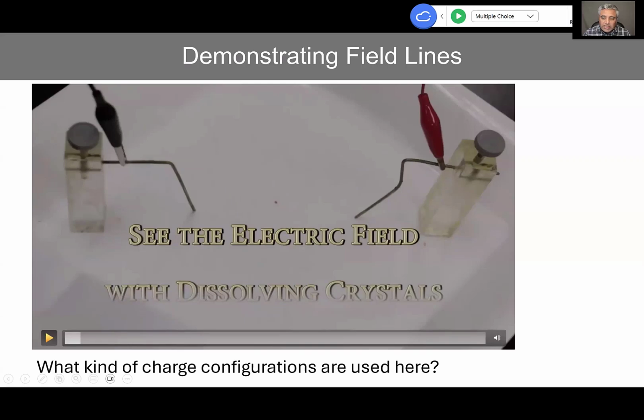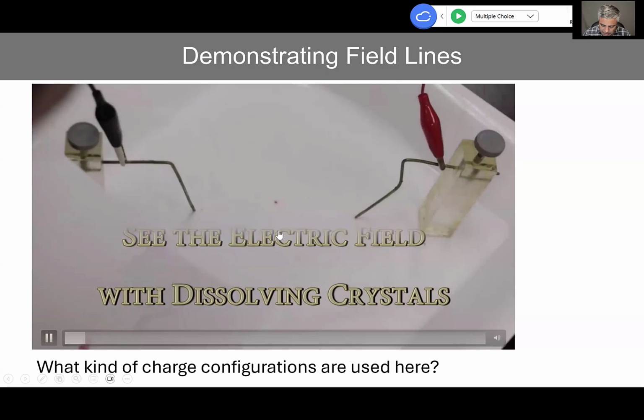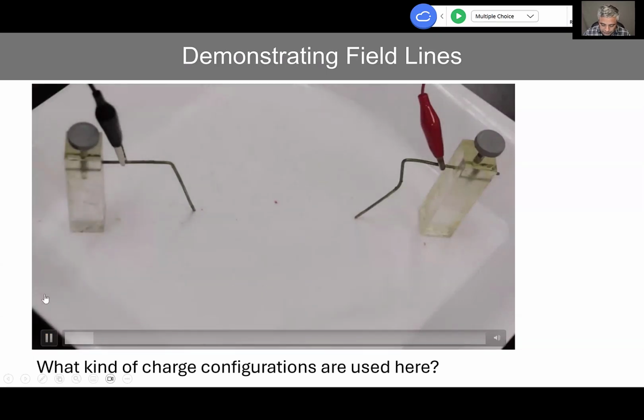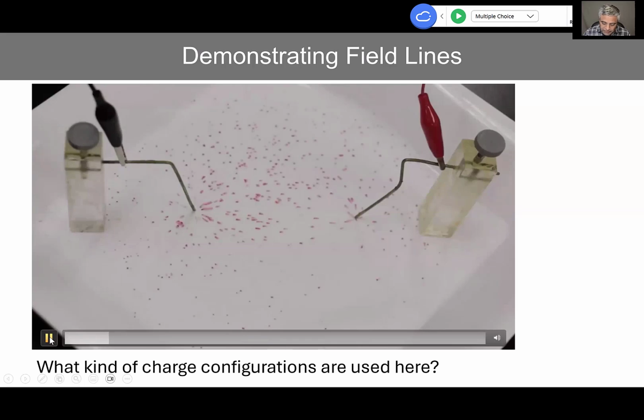Now, what they do is they basically spread a tiny particle of the color. I think it's potassium permanganate that makes the dye. I think they name it here. See how they shape just like we saw.